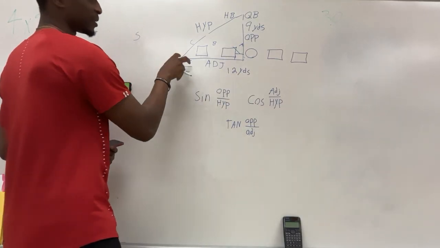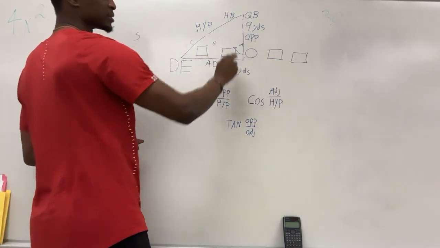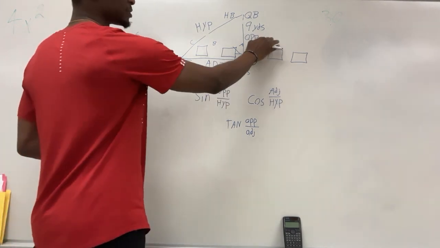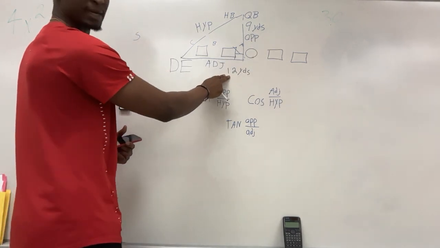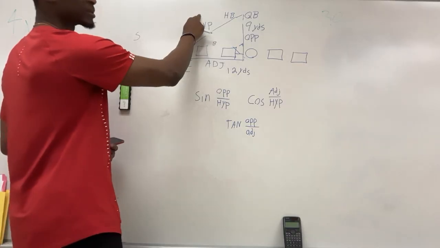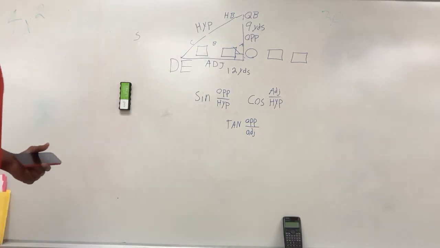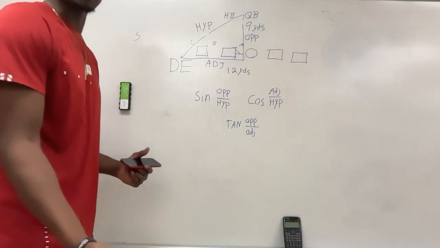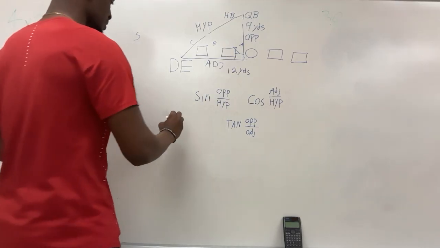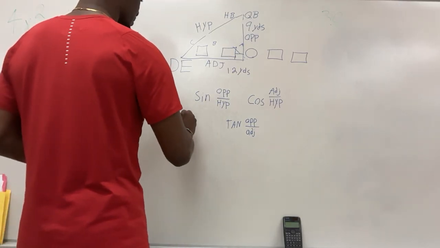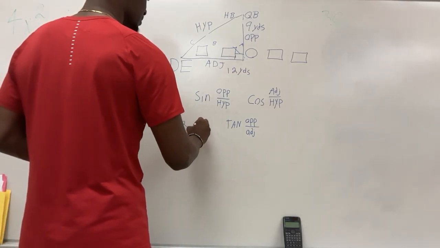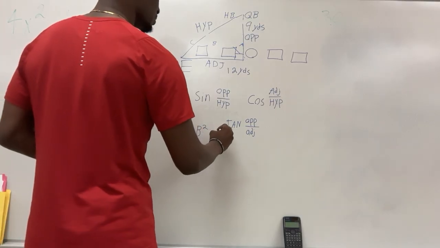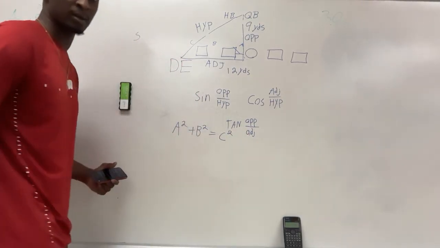But I'll say, okay, if I'm here on this outside edge and I've got to go directly to it, that means I have my opposite side, I have my adjacent side, but what's missing, direct pursuit, is my hypotenuse. So we know the Pythagorean theorem is able to show us this. A squared plus B squared equals C squared.